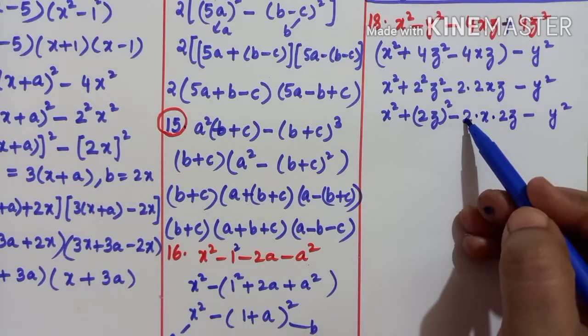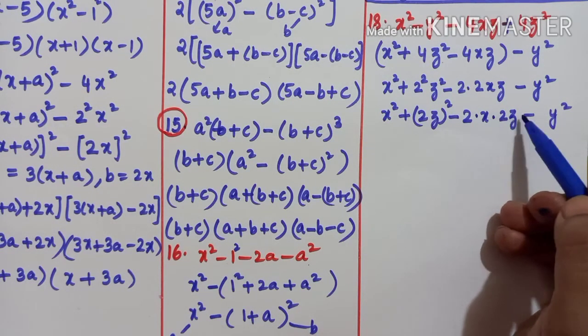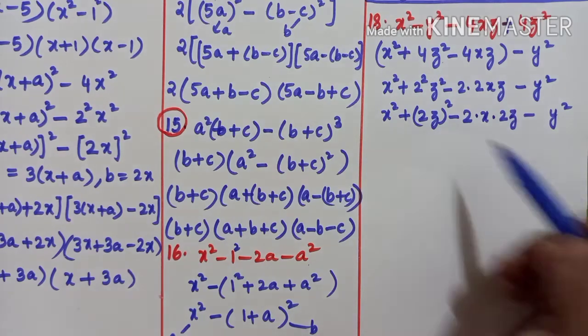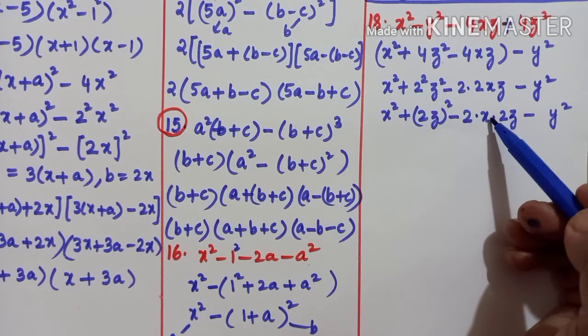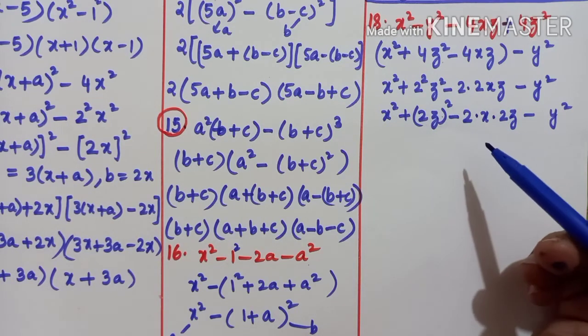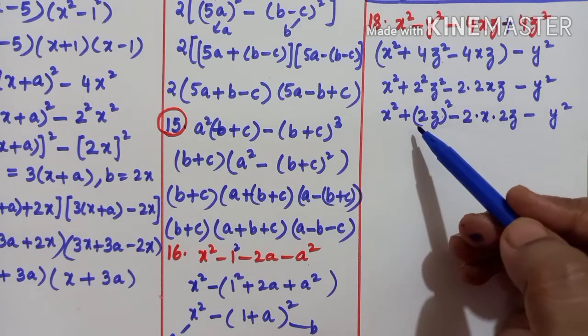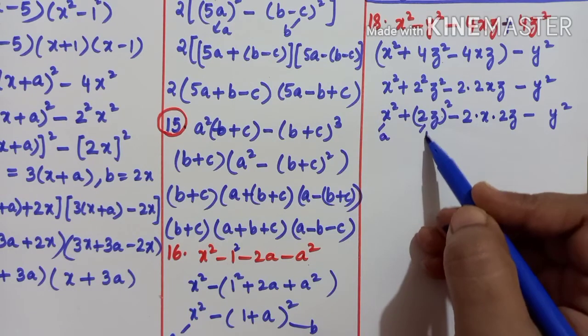Now 2 into 2xz, how did you get x into 2z? x into 2z will be 2xz. So now we can say that x square plus 2z square minus 2 into x into 2z is in the form of a minus b whole square, where this is your a and this is your b.